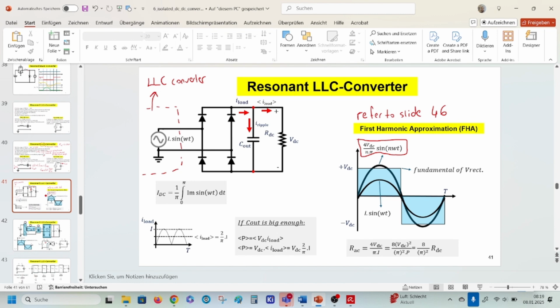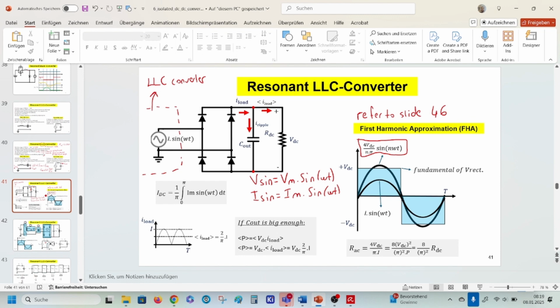If I model it, for example, the sine voltage is Vmax times sine omega t and the current is Imax times sine omega t.